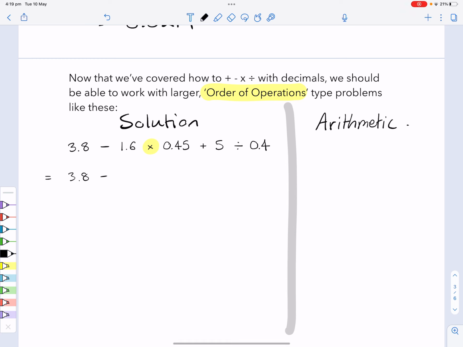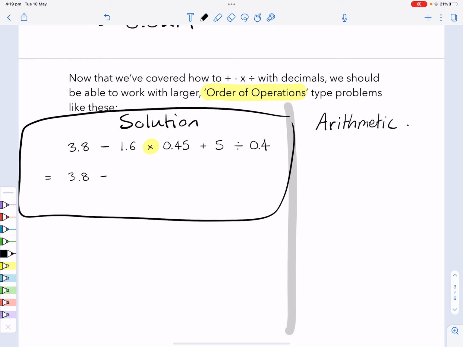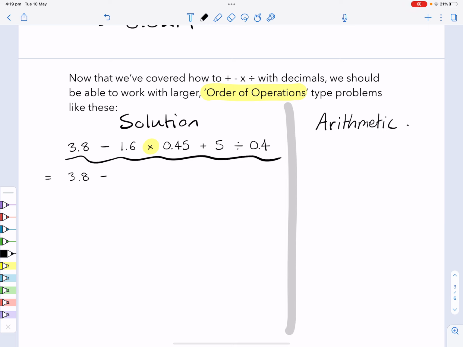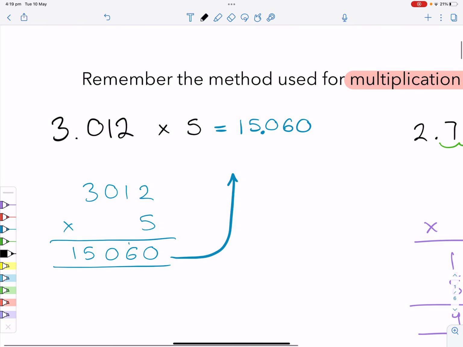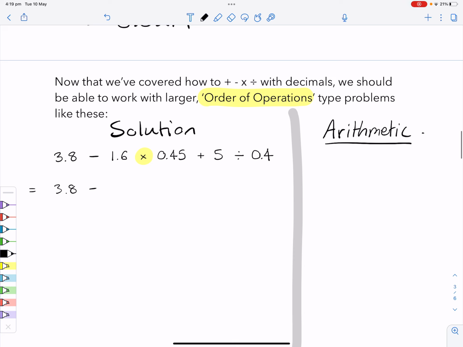Okay, so this area here, I want to keep the whole problem intact. I don't want to cut it out into pieces. However, to solve this piece, I will need to do a little bit of arithmetic, and I prefer to keep that off to the side, particularly because we have established this process where I need to restore the decimal place at the very end. So that's what I'm going to do over here. So I'll do the 1.6 times by 45.